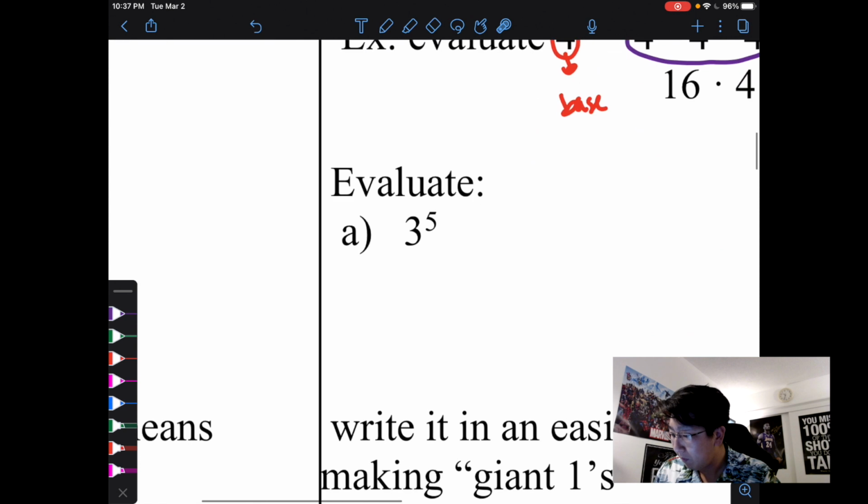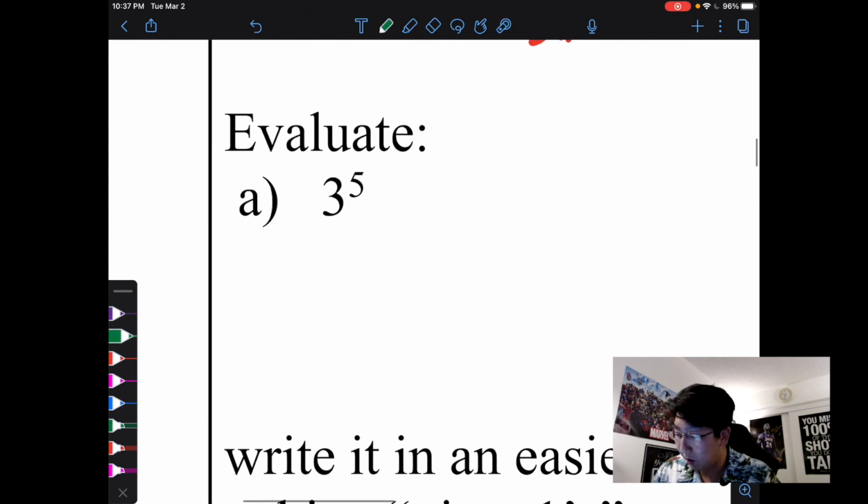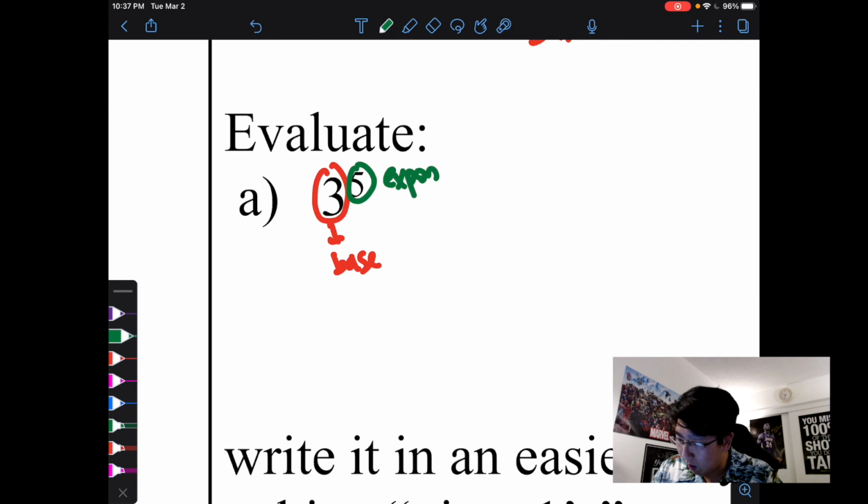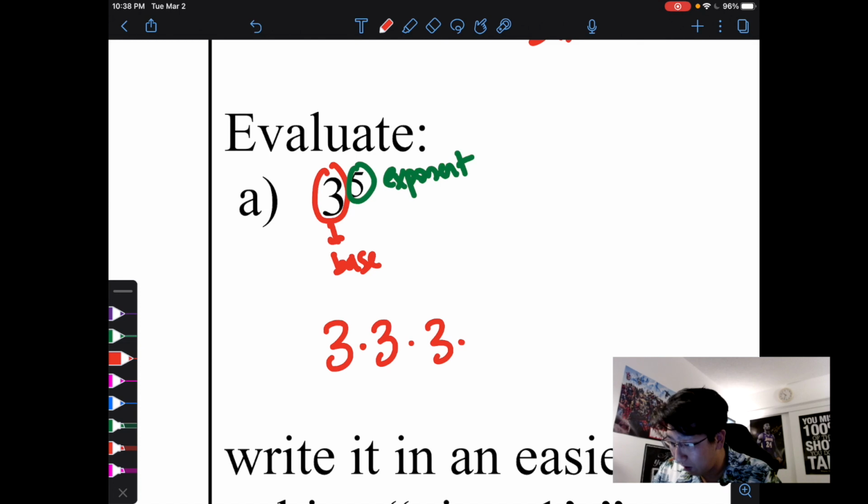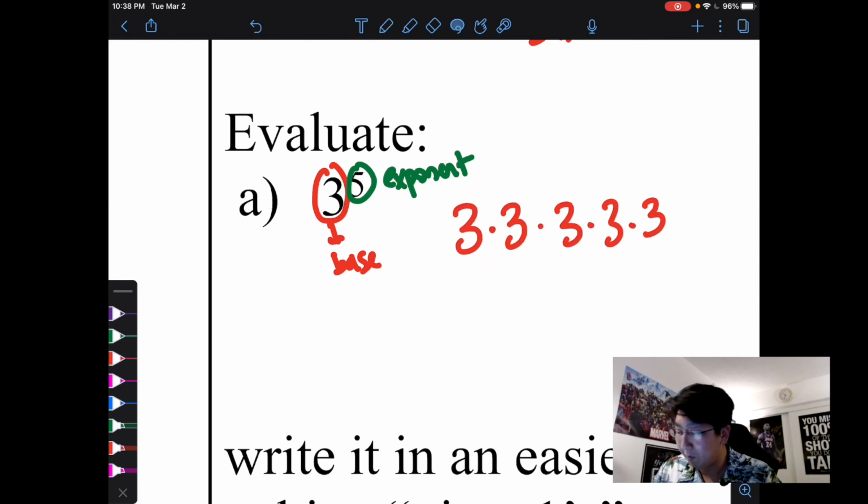All right, so let's go ahead and do a couple, right? So first thing we're going to do, we're going to take our base. We're going to take our exponent. We're going to take our base, and we're going to multiply 3 by itself 5 times. So 3 times 3 times 3 times 3.